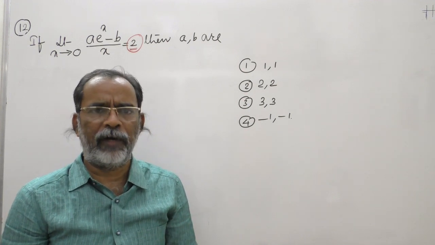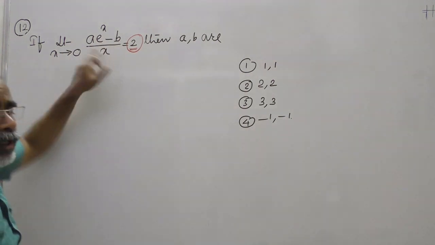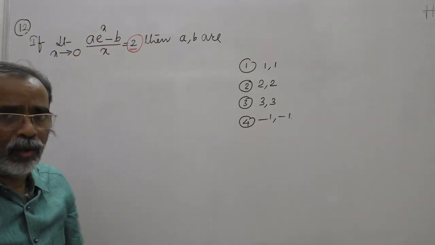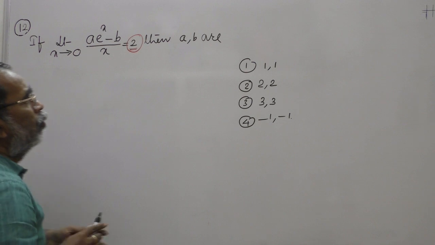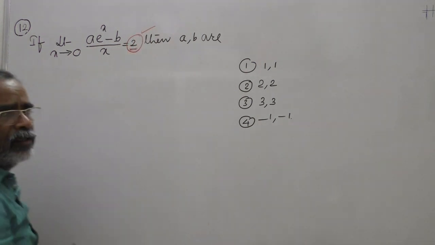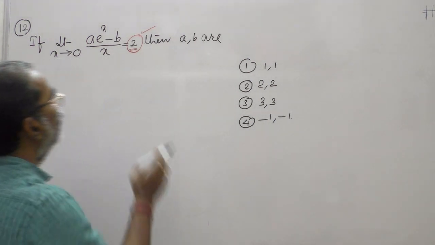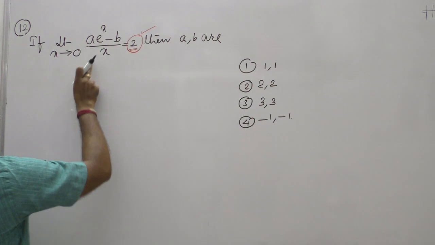Otherwise, you will get a finite number. A finite number by 0 is what? Something by 0 is infinity. But what is answer given? Given that limit is a finite number. Therefore, this should be 0.